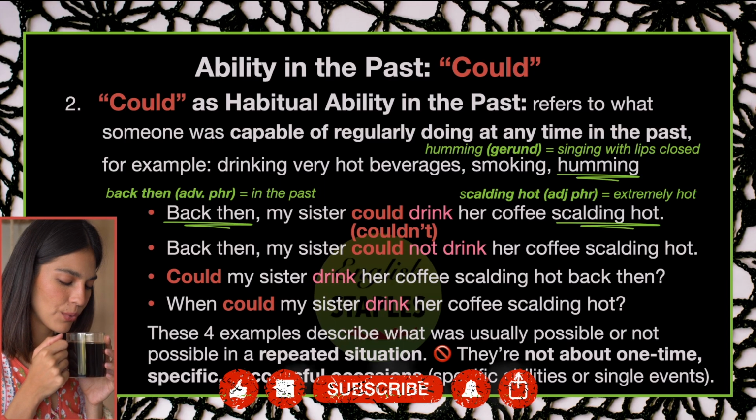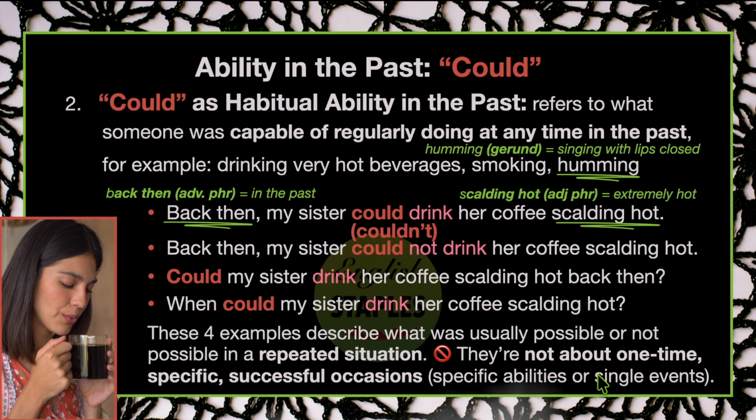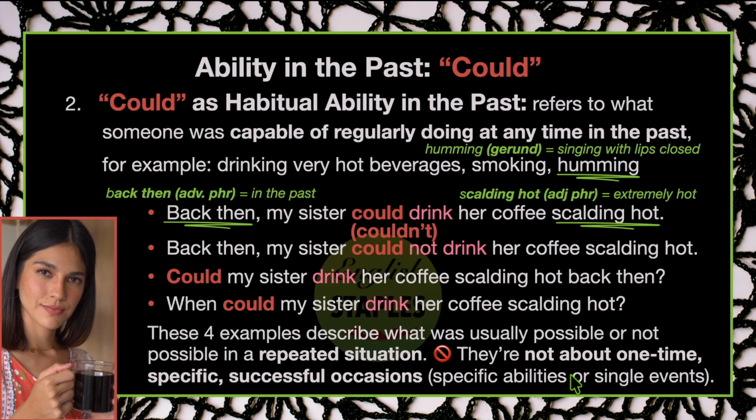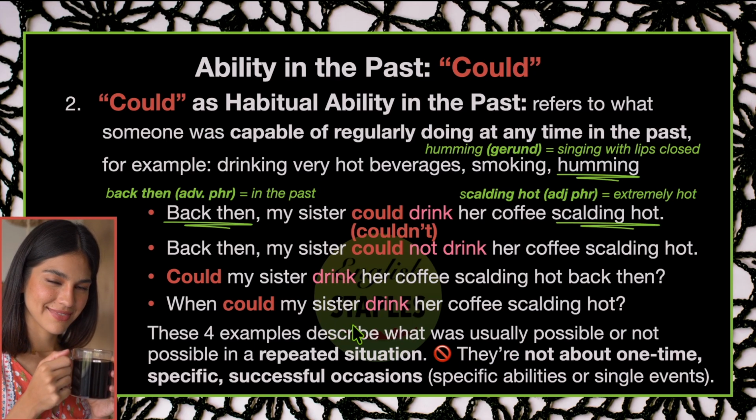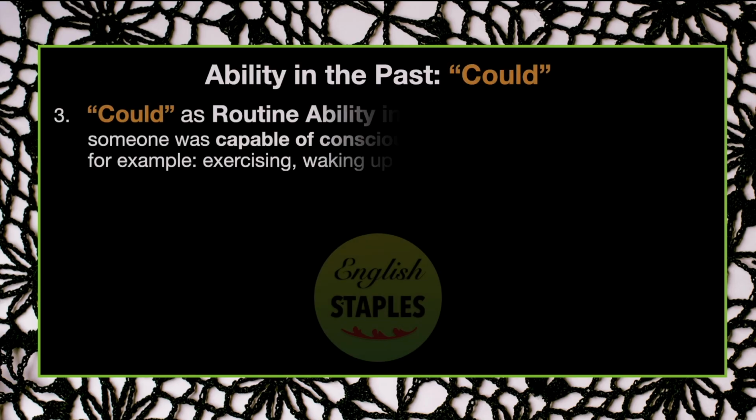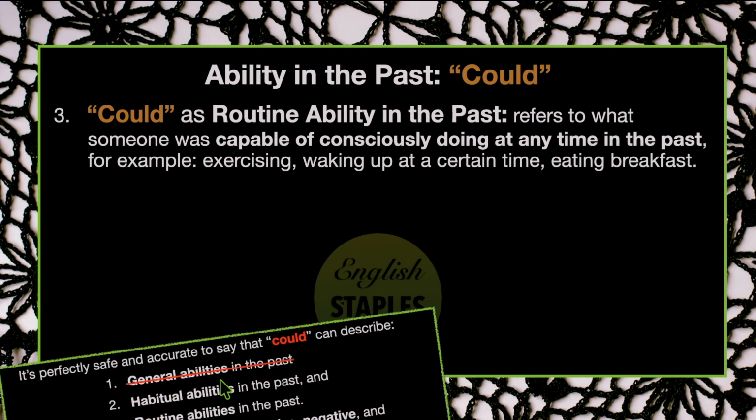In other words, specific abilities or single events. That's not what these are about. So we have checked this one. So let's move on to the third one, which is routine ability.